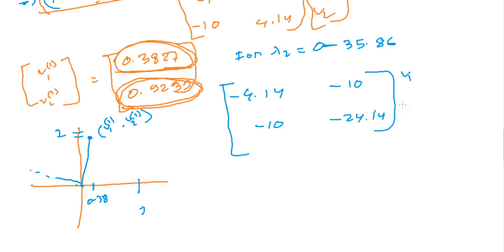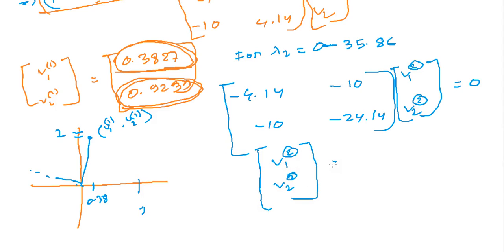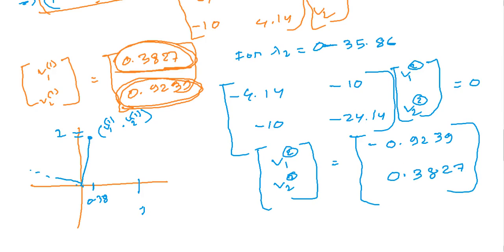So b1 and b2 say is for alpha 2, so it's equal to 0. So from there we can find b1 b2 for alpha 2. So we've got the corresponding eigenvector: minus 0.9239, and here again 0.3827, right? Yeah.